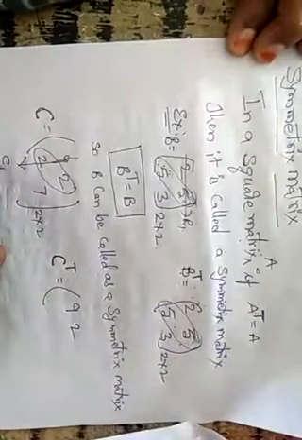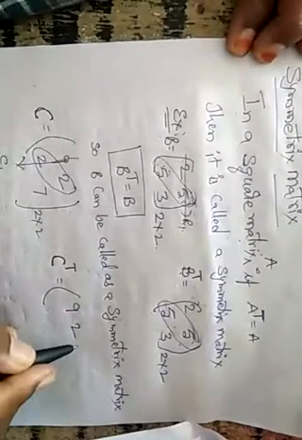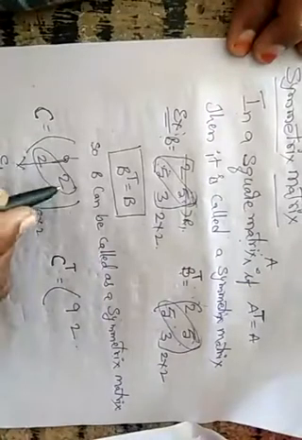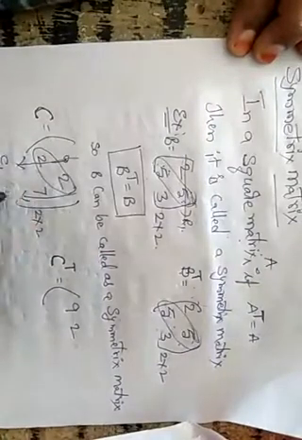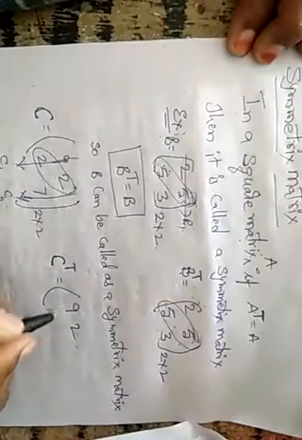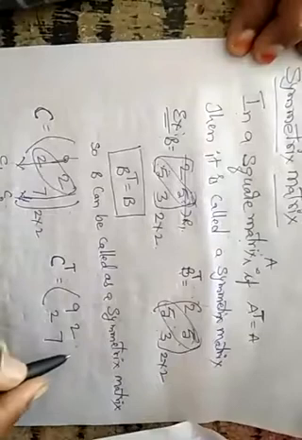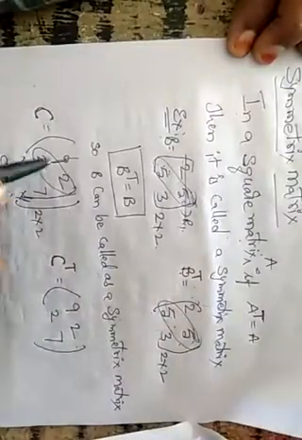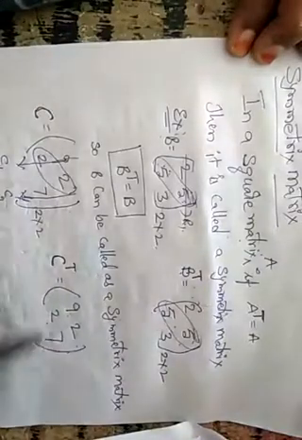The first column converted into the first row, and the second column, 2, 7, converts into the second row, 2, 7. The same matrix: 9, 2, 2, 7.